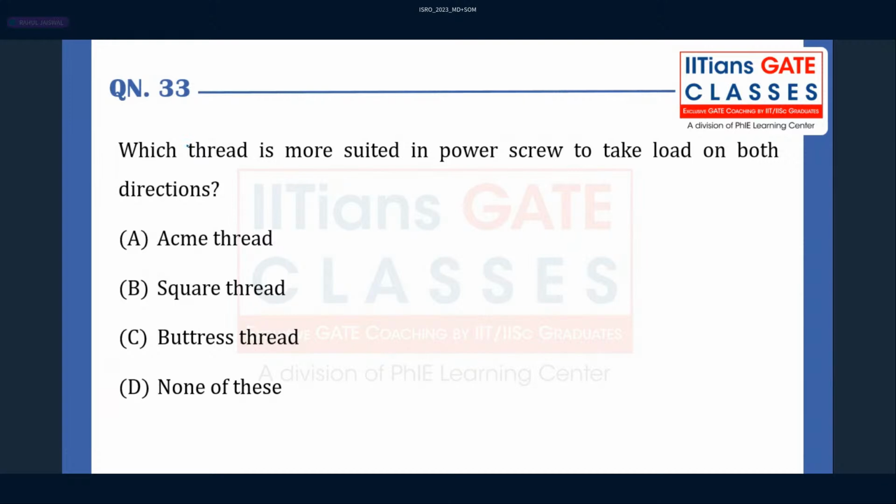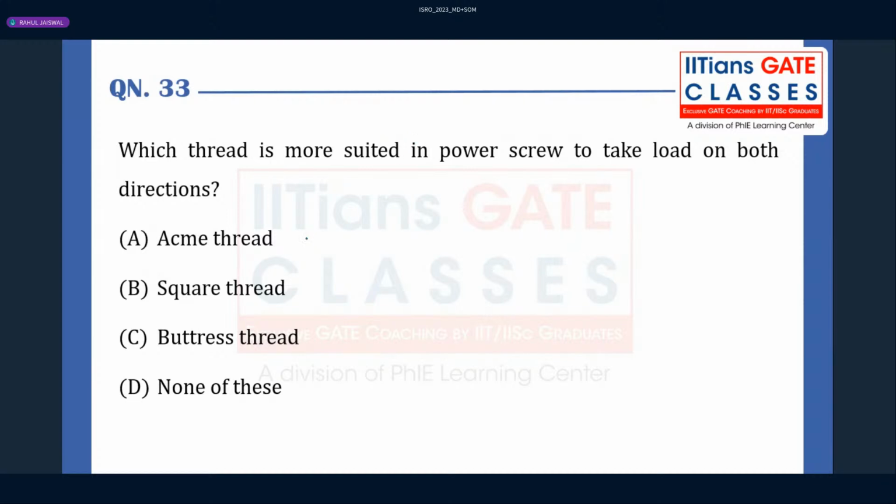Now, the next question which we have to take here is: which thread is more suited in a power screw to take the load in both the directions? So, in the last class also we have seen some types of thread.